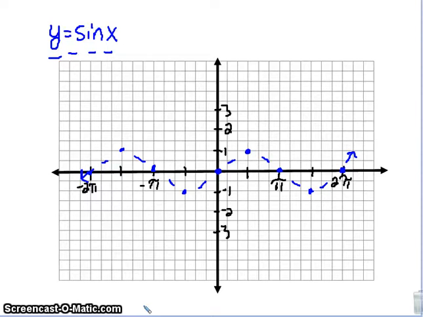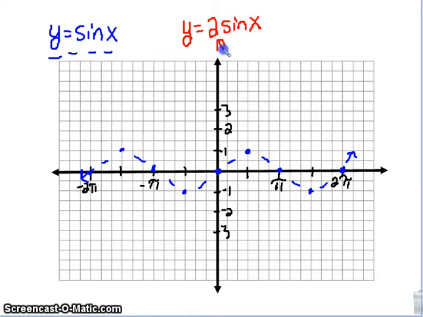Okay, so now if I want to look at an amplitude change, I am going to put a number in between the equals and my function. So something such as 2 sine of x.